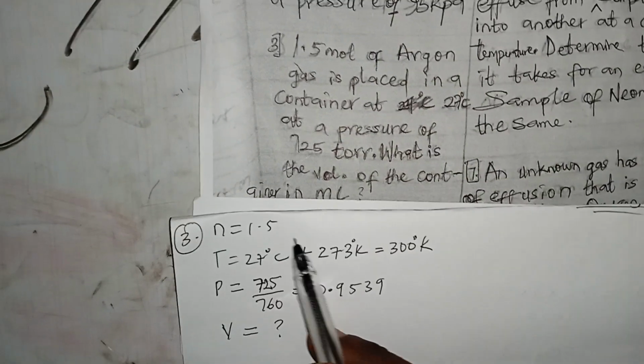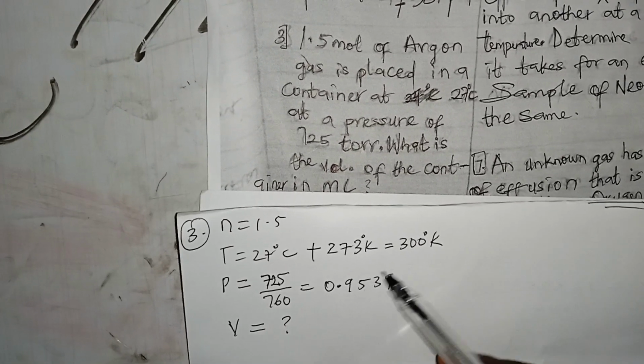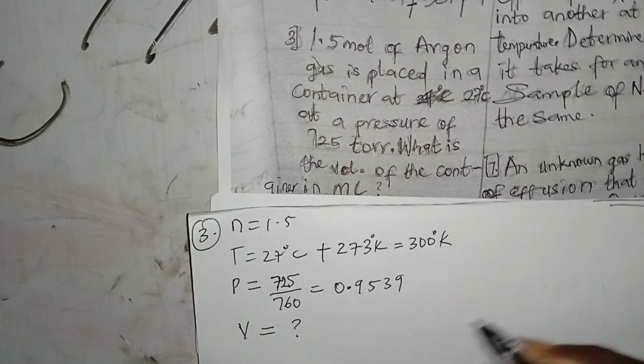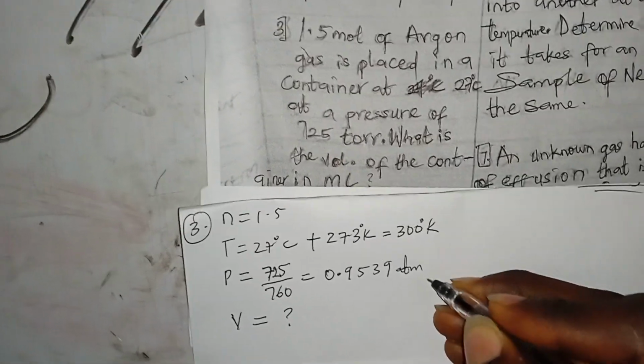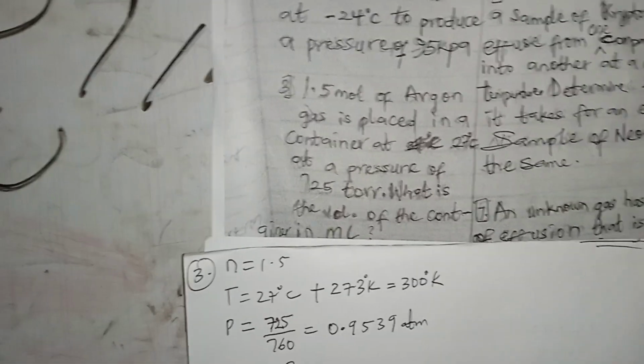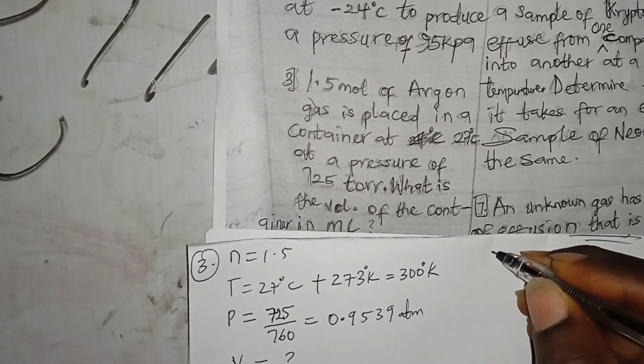So they gave us mole 1.5, they gave us temperature, we've converted it to Kelvin, they gave us pressure in torr, and we've converted it to atm. So they're asking us what is the volume. That's the question there. So to find the volume, we need to make use of what we have.